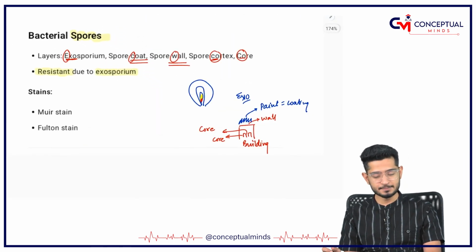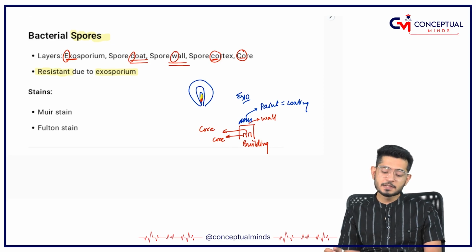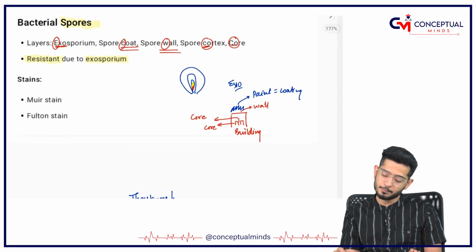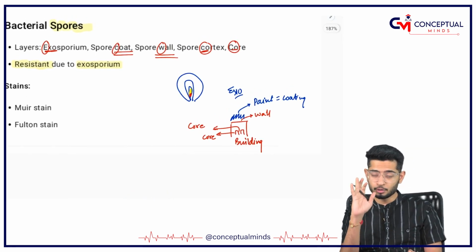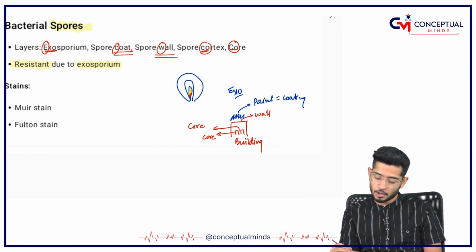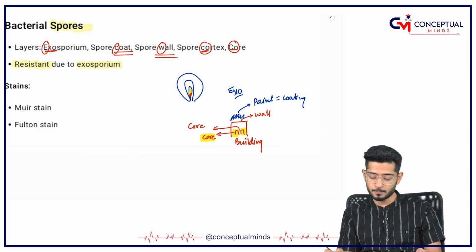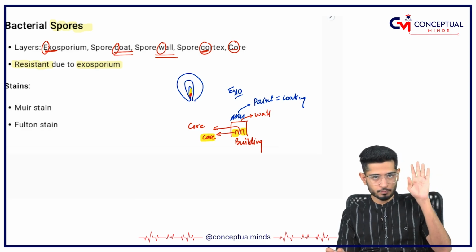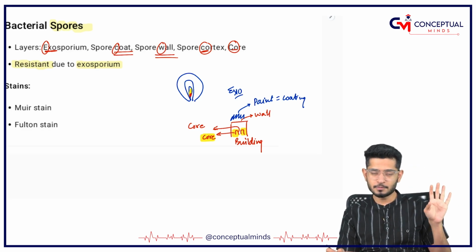Coming on to bacterial spores. So my dear friends, a spore has got various layers. I'll teach you with the help of this analogy of a room or a home. So you have got a room that is called the core. Then after it, you have got a balcony, like one room, second room, and in the middle of both of them you have got a balcony.